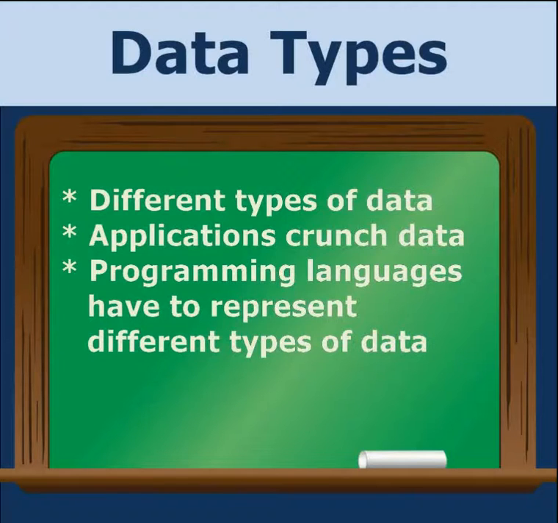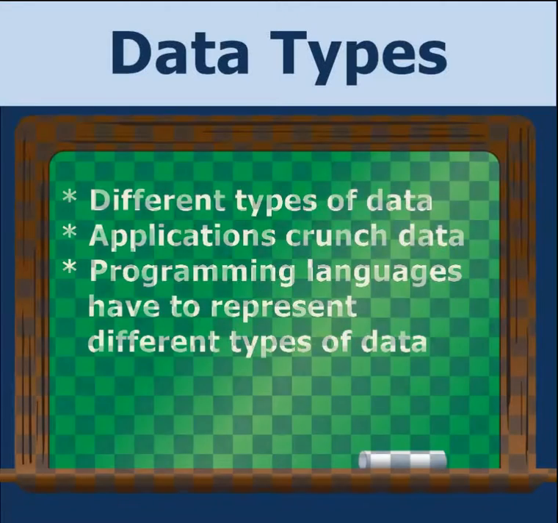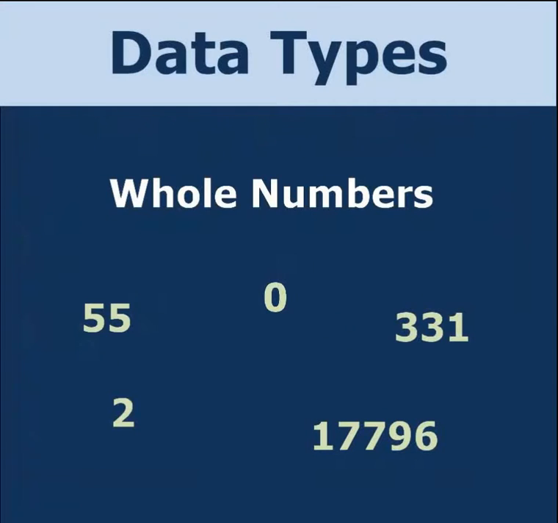In order to work with data, you have to be able to represent data. So you have different types. For example, a whole number. What would computer programs be without the whole number? What would the world be without a whole number?